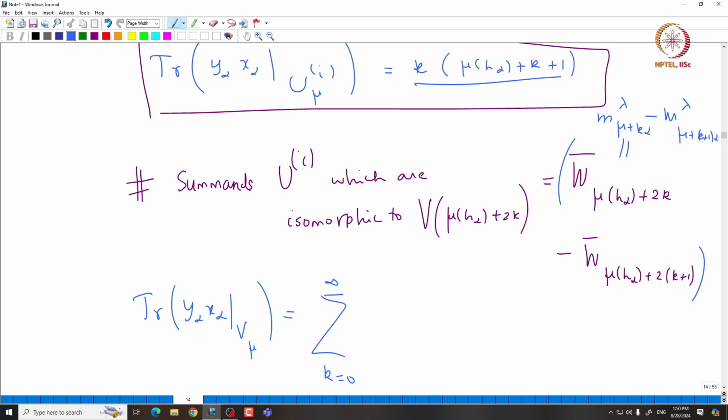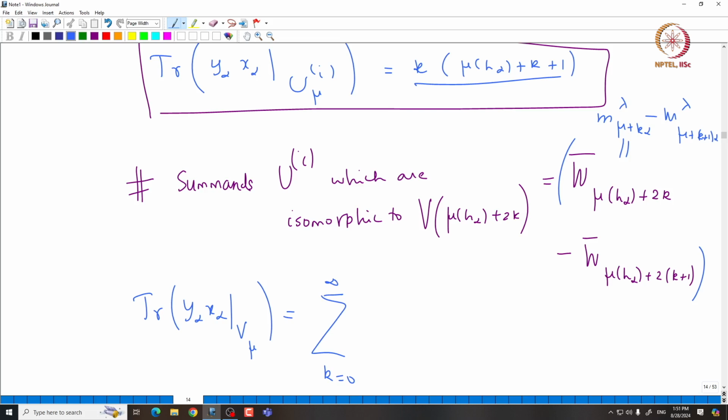Because W bar is nothing but the direct sum of the weight spaces corresponding to mu plus i alpha. When you evaluate on h alpha, it is going to give you mu of h alpha plus 2i. So, for various i, they will all be distinct. So, then that implies that exactly the multiplicity of mu of h alpha plus 2k will be the multiplicity of this mu plus k alpha inside V lambda, which is the dimension of this V mu plus k alpha.